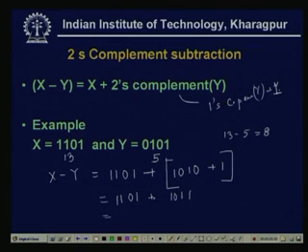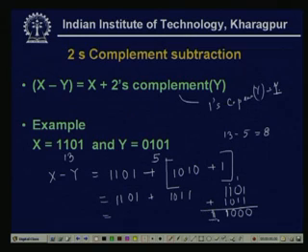If we add here 1101 and 1011, then 1 plus 1 is 0 carry 1, then again 1 plus 1 is 0 carry 1, again 0 carry 1, and then 1 plus 1 plus carry 1, so the sum is 1 and the carry is 1.